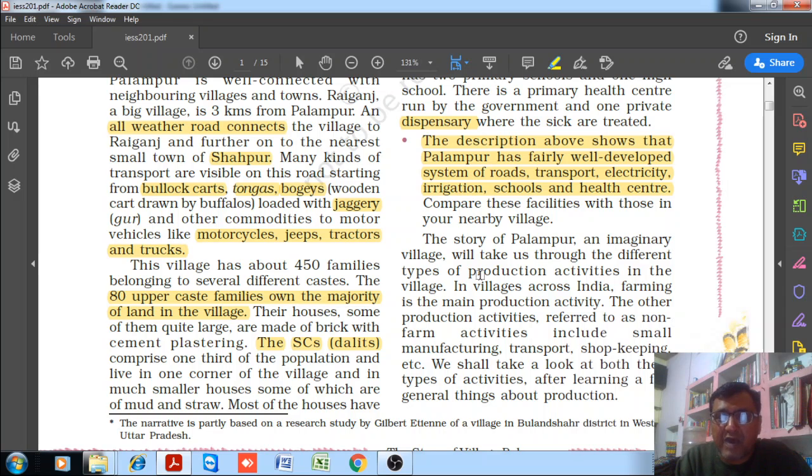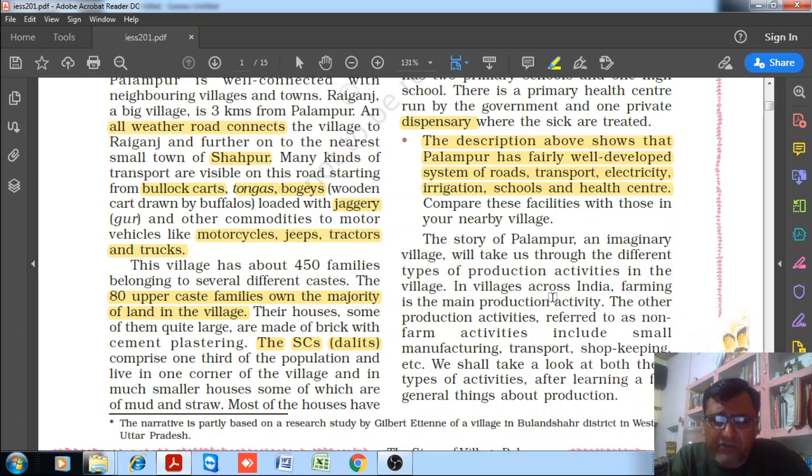And after manufacturing, they are also involved in tertiary economic activities like transport and trade. So all 3 kinds of activities are happening there, and they are producing income out of all such activities.